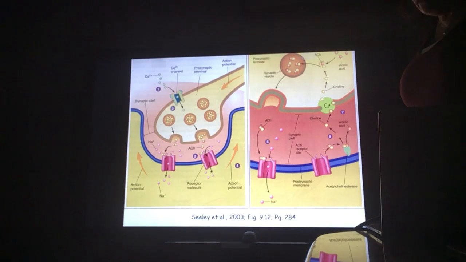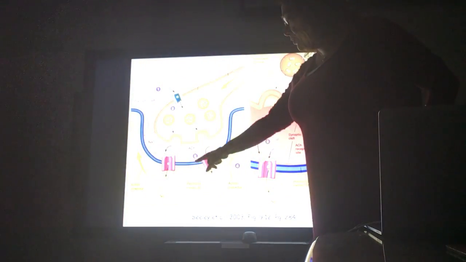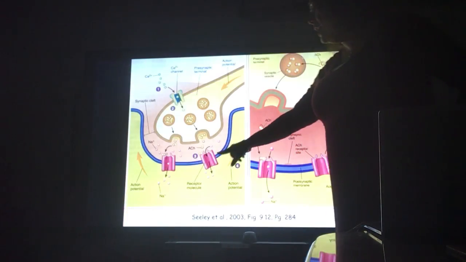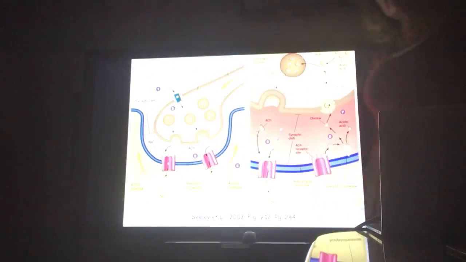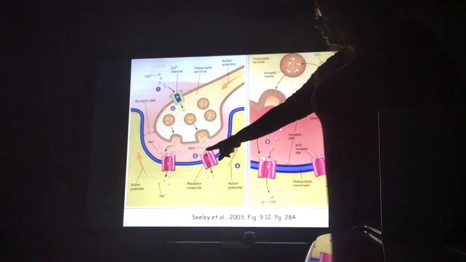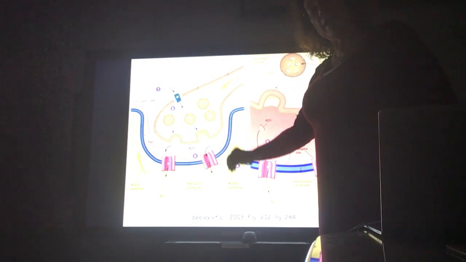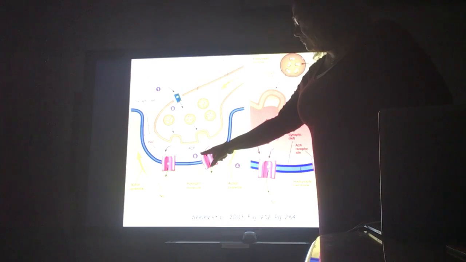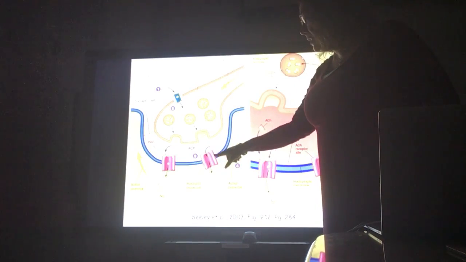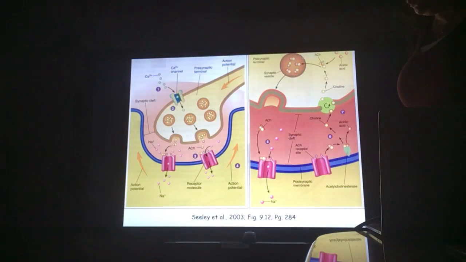Acetylcholine in the synaptic cleft then preferentially binds to this receptor on the sarcolemma. The blue line here is the sarcolemma of the muscle fiber. Notice how acetylcholine, which is a neurotransmitter, because it's going to help transmit that signal, binds to this receptor, opens it up, and that's a sodium receptor.